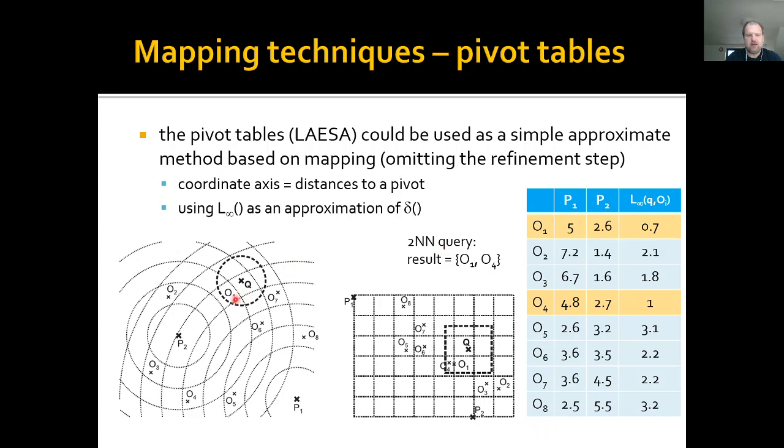The 2 nearest to Q are O1 and O7, but because this mapping is not exact but approximate, we get in the new space 2 nearest neighbors, not O1 and O7, but O1 and O4, because the mapping of O4 using these 2 pivots is very close to O1. Based on the mapping scheme for the pivots, these 2 objects are almost interchangeable.